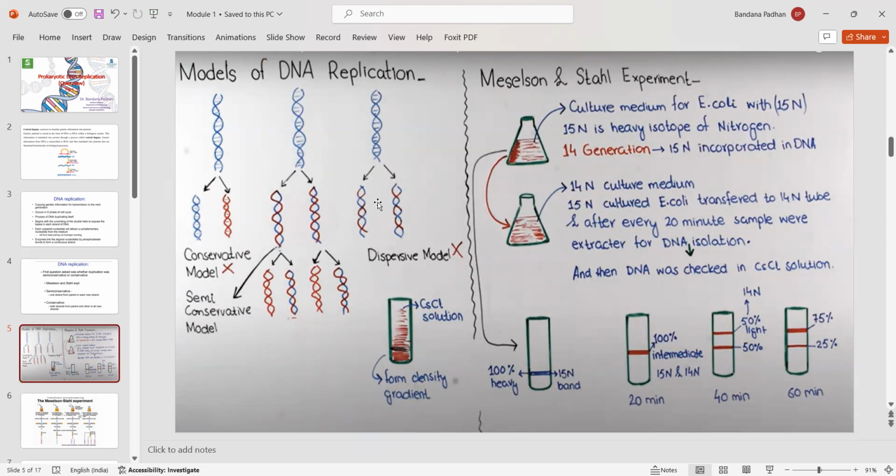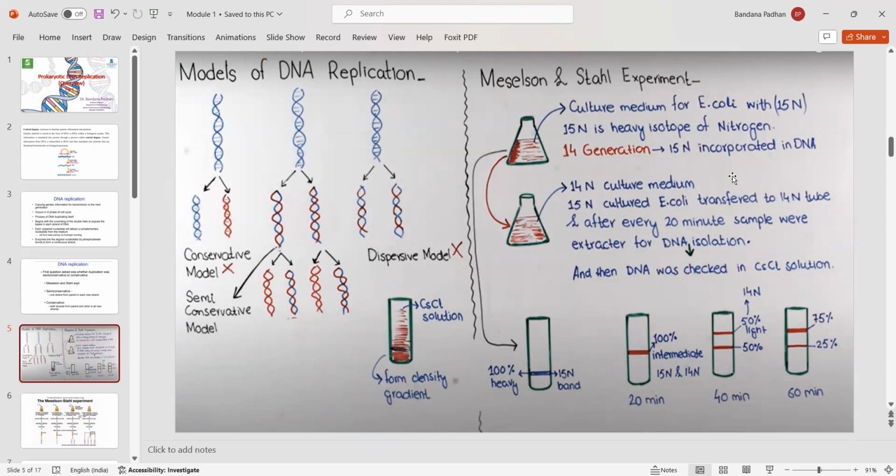In this experiment, the team cultured E. coli cells in a medium containing ammonium chloride, NH4Cl, where the nitrogen was labeled with the N15 isotope.